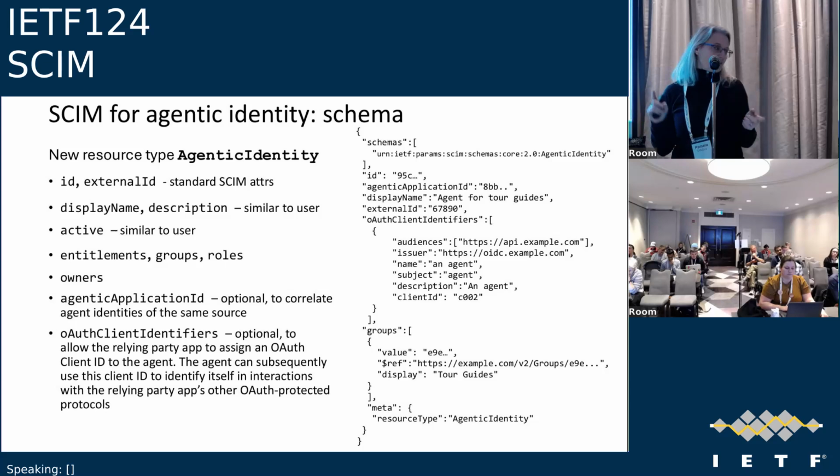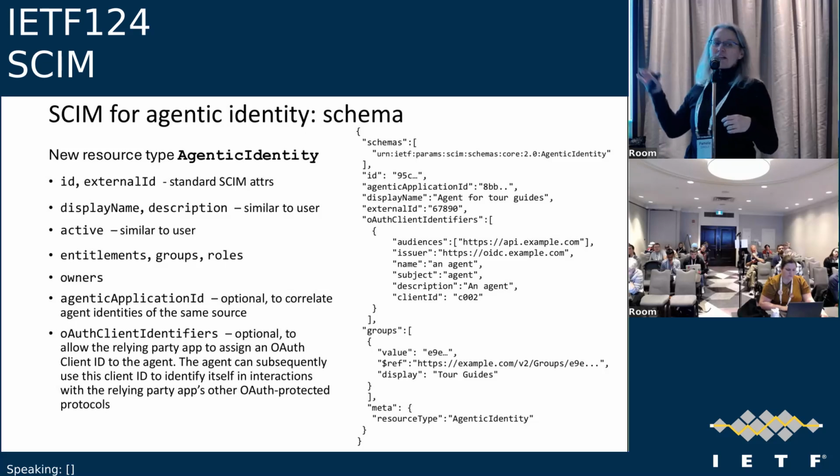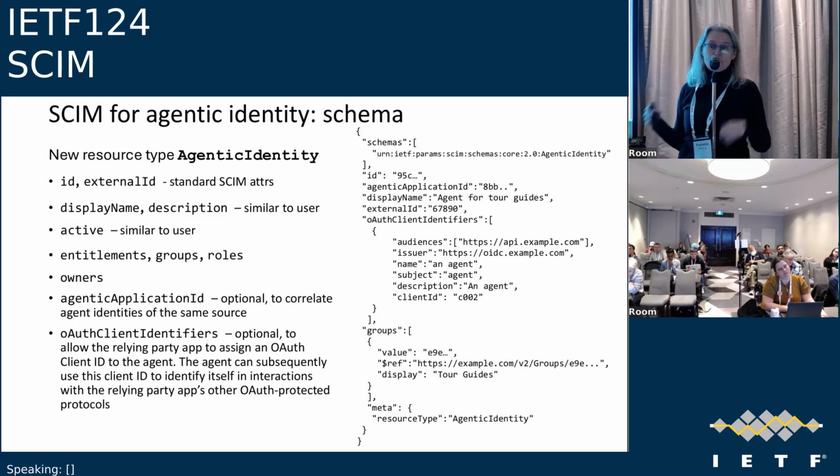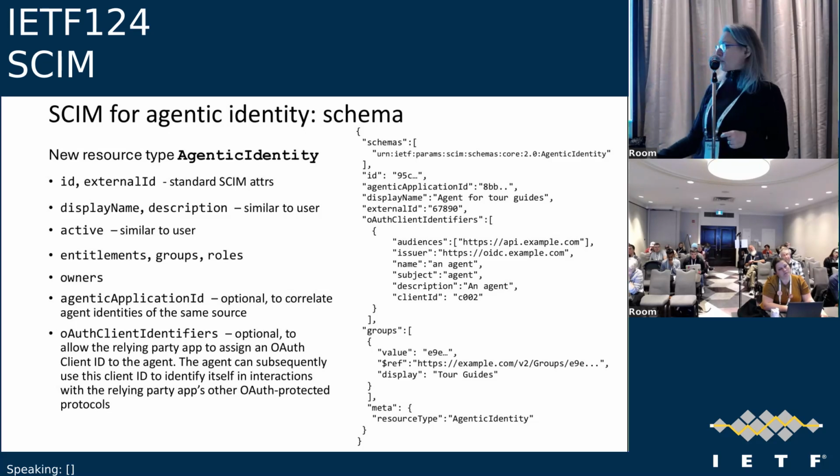That's something that SCIM has been dealing with for a long time with external ID, the question of who does issue that identifier and who is authoritative for that identifier. Being able to be affiliated to multiple OAuth client IDs may be valuable. I don't think we've had enough experience to know for sure one way or the other.